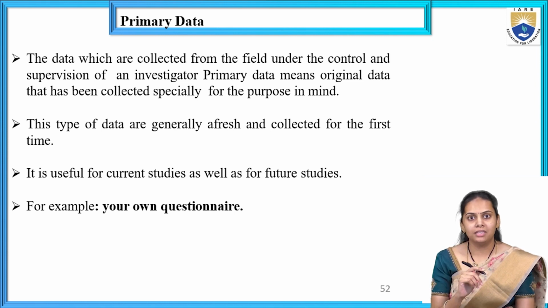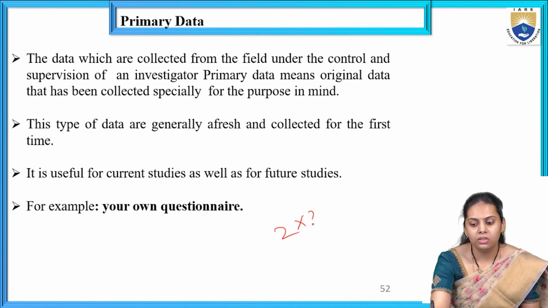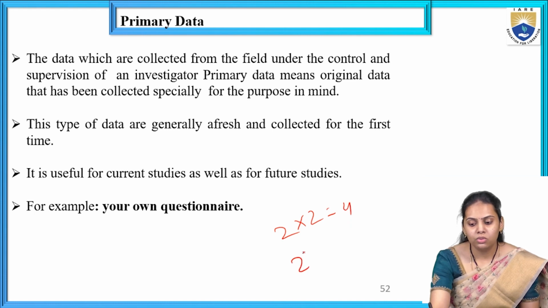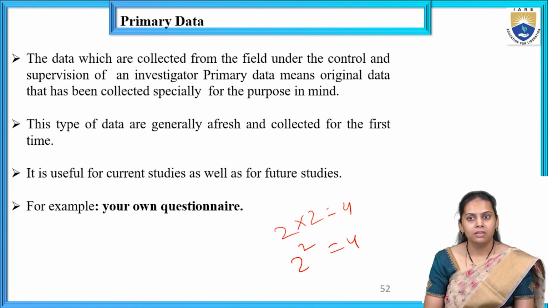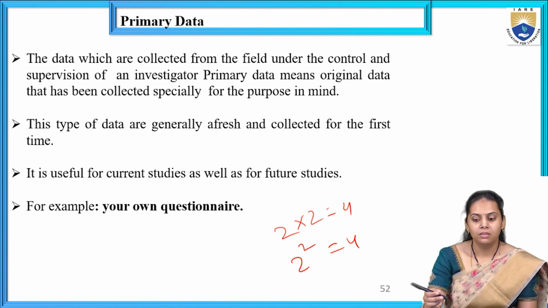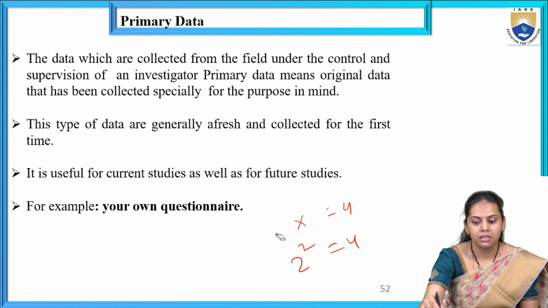I'll give a very basic example. I said 2 twos are 4, so why don't we write 2 into 2 is equal to 4, and 2 square is also equal to 4? They question themselves, but the answer is the same, right?